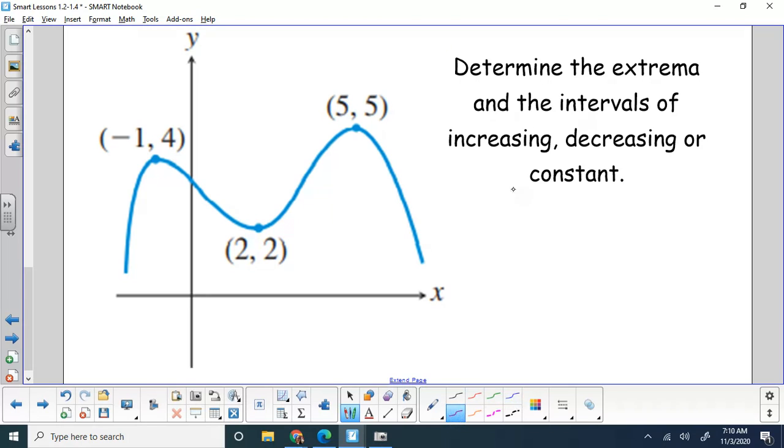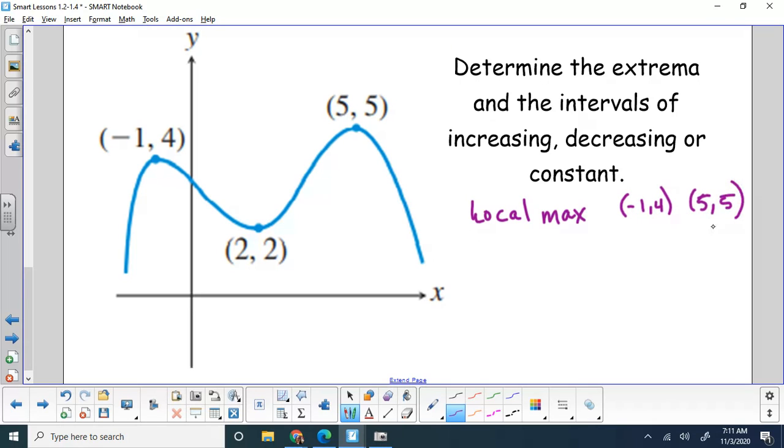All right, I'm going to go ahead and start by identifying the extrema. Now, sometimes they will use the word local maximum. Basically, that's just saying, based on this graph, the local maximum is going to occur at (-1, 4) and (5, 5).